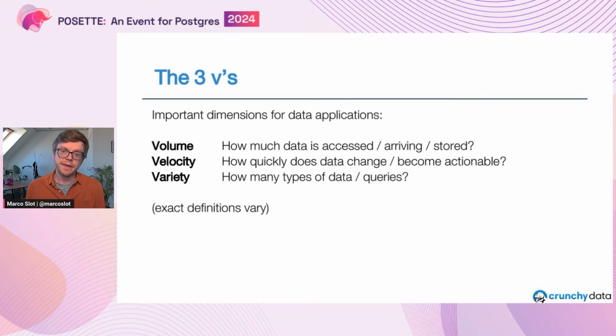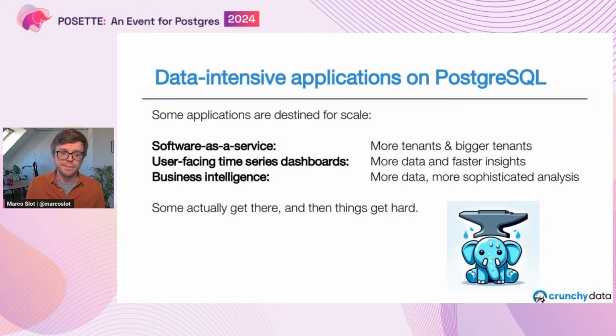The velocity, and how many different types of data and queries and relationships and distributions. That's the variety of the data. And so when these are high, you kind of have a data-intensive application, and those are always a little bit tricky to deal with. So we're going to look at a few different types of workloads that people often run on Postgres and how you can essentially deal with them if they become data intensive.